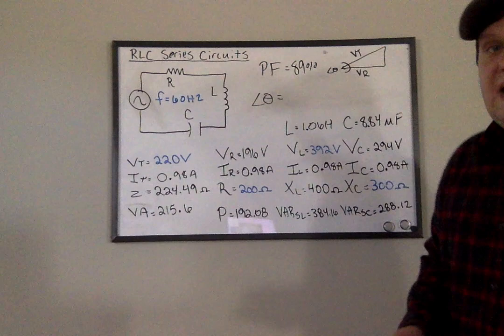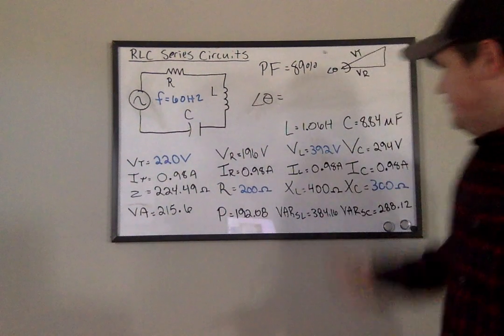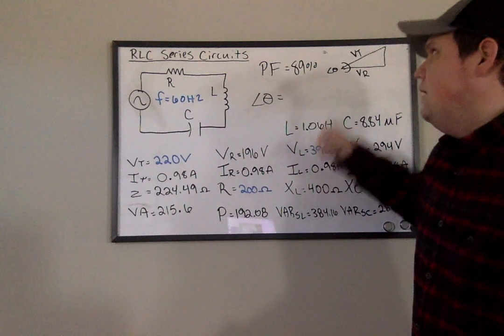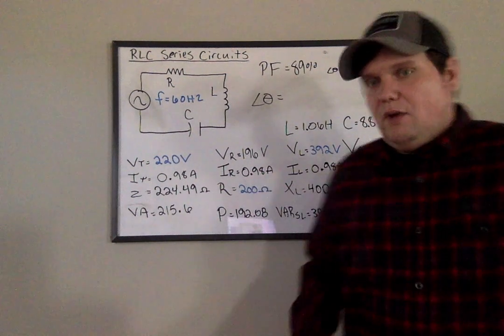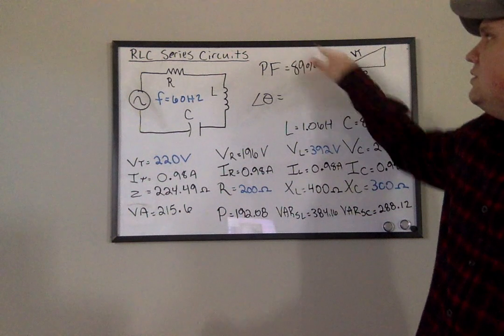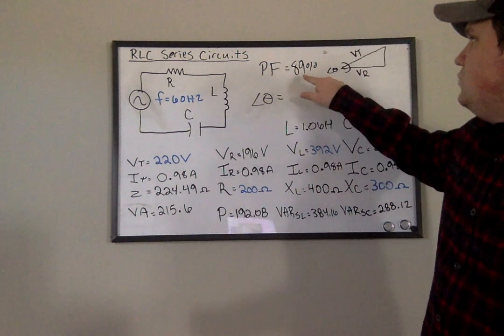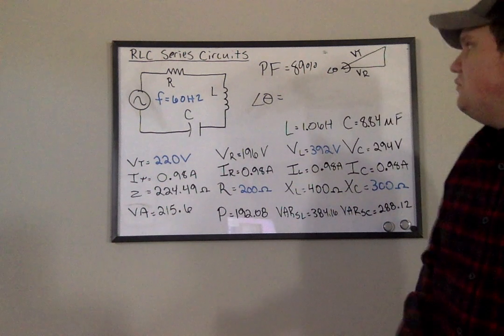Not a bad circuit, actually. Okay? If the capacitor wasn't in there, it would be way worse than that. Probably in the 30-40% range. But since we added that capacitor, we did some power factor correction there. So we improved our power factor.